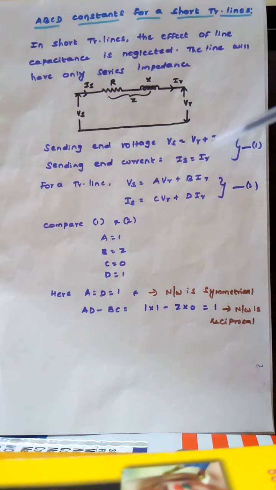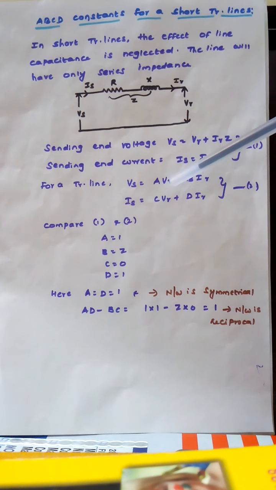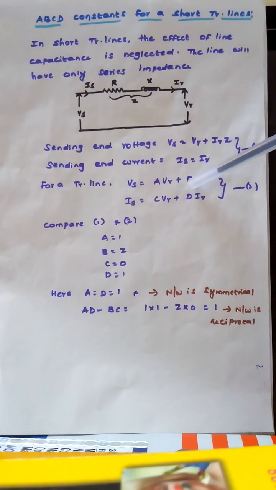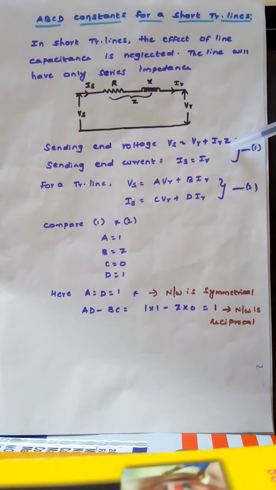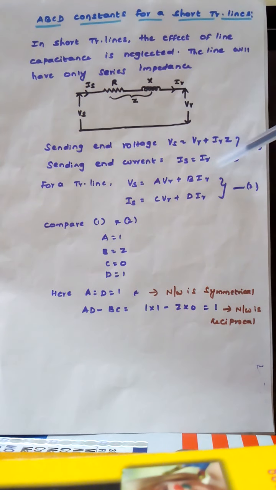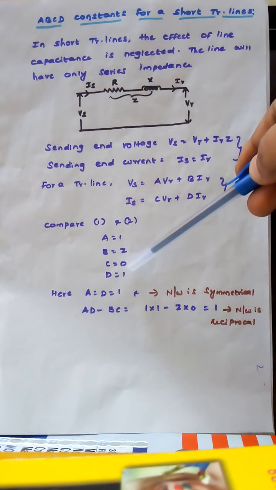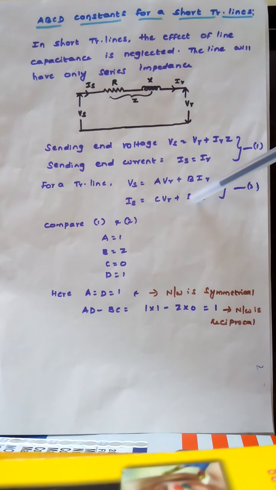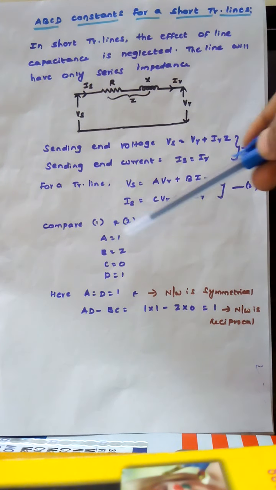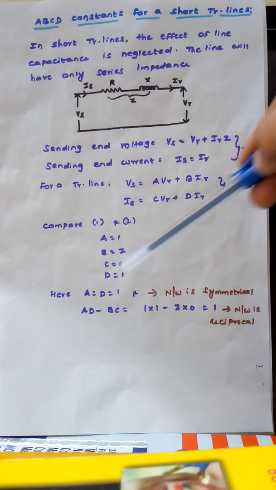Comparing the equations, A will be equal to 1, B will be Z. For C, it is C into VR, but the VR term is not there, so C is 0. And D is equal to 1. So we are getting A as 1, B equal to Z, C equal to 0, and D equal to 1.